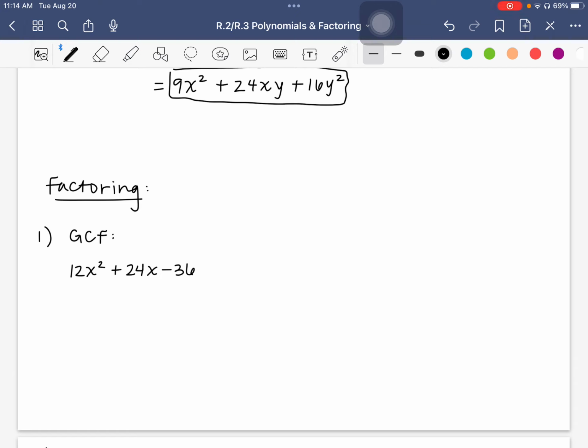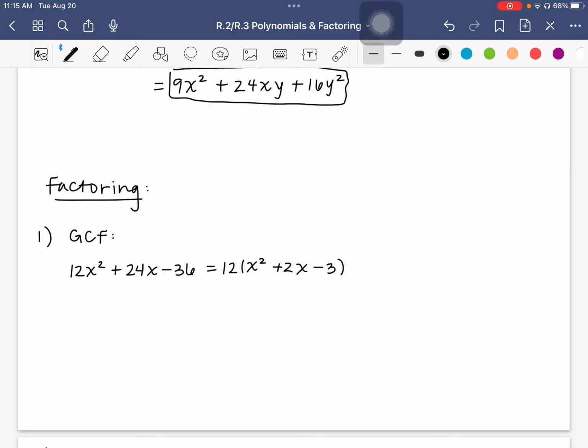So we're given this polynomial here, and looking at the greatest common factor of each term, we see that is 12. So what we want to do is pull a 12 out from each term here. So we're left with x squared plus 2x minus 3.